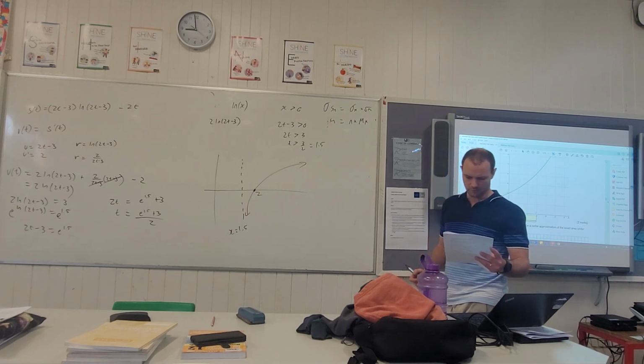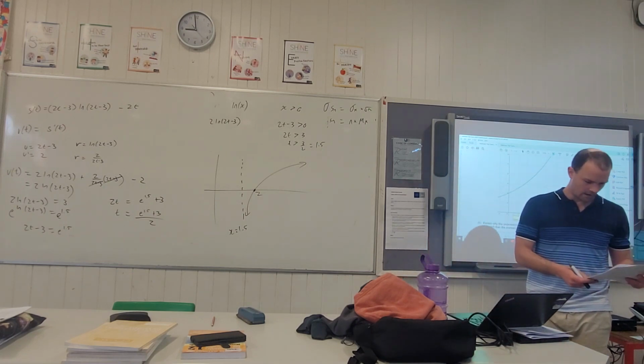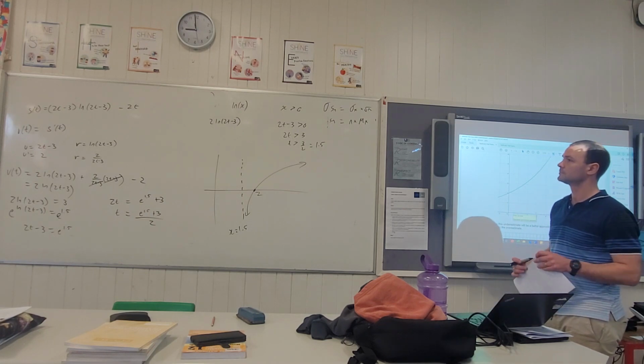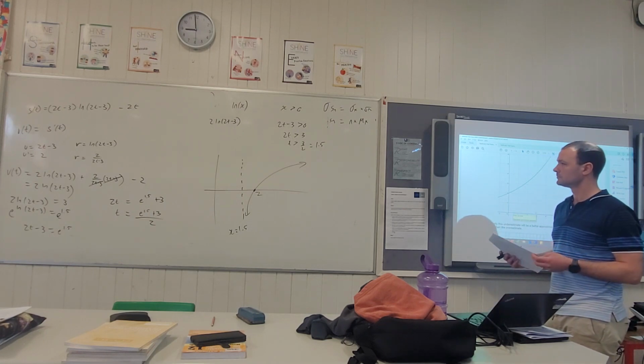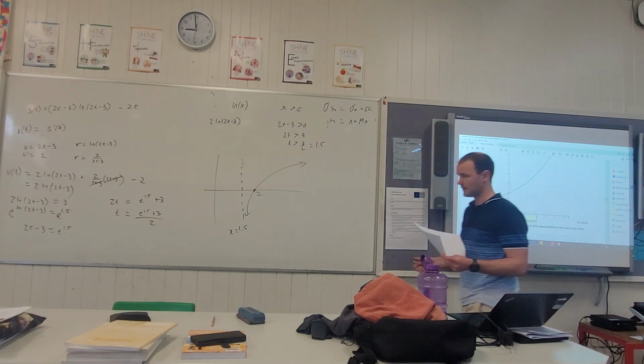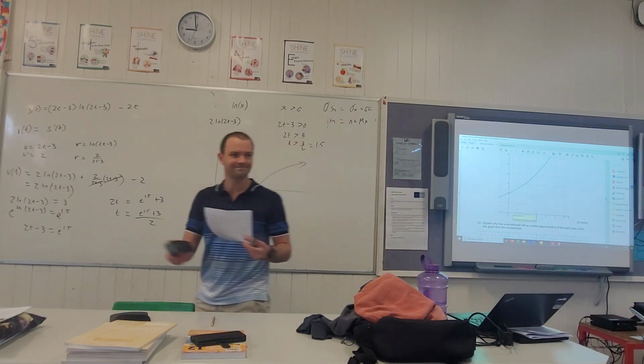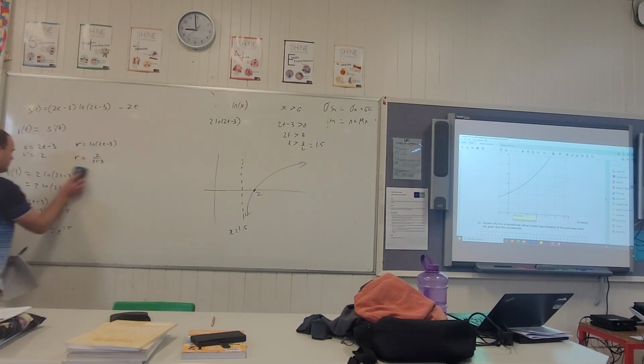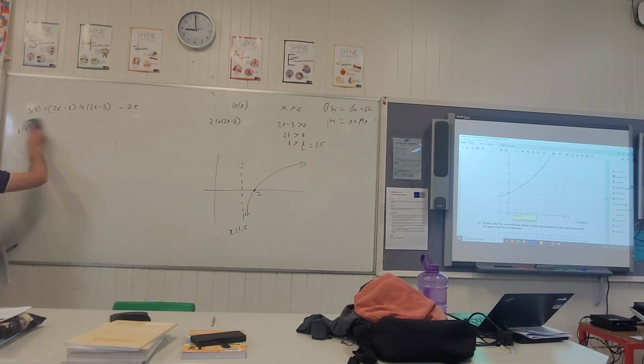That's what they're looking for: the shape, the asymptote, and the root. Any questions about that so far? Referring to our calculator mostly, the only argument I wanted to make was for the asymptote.